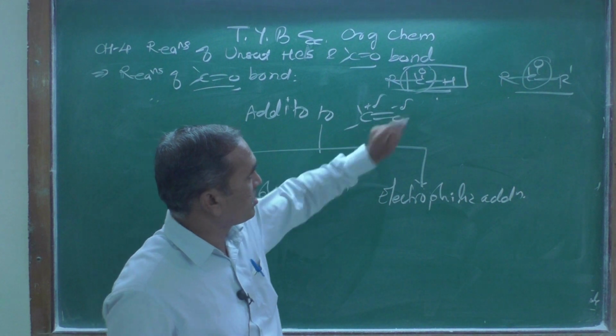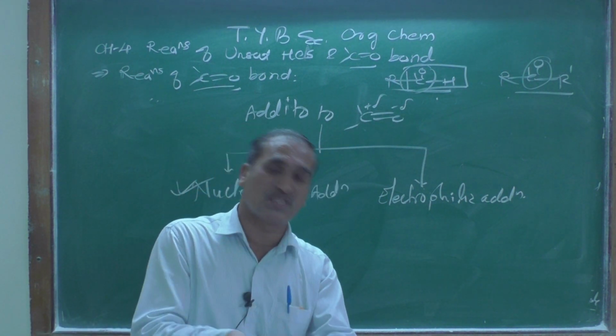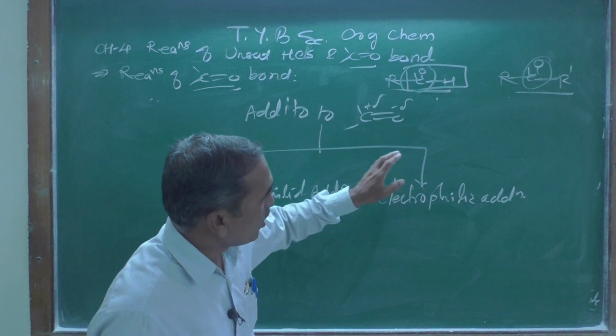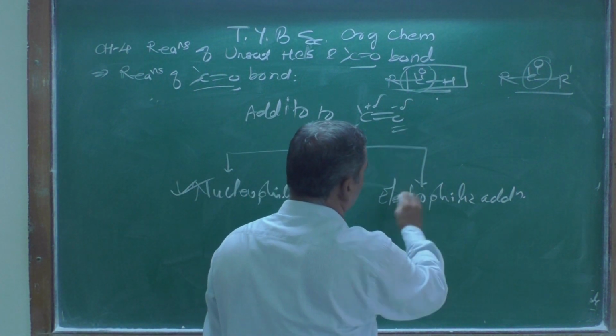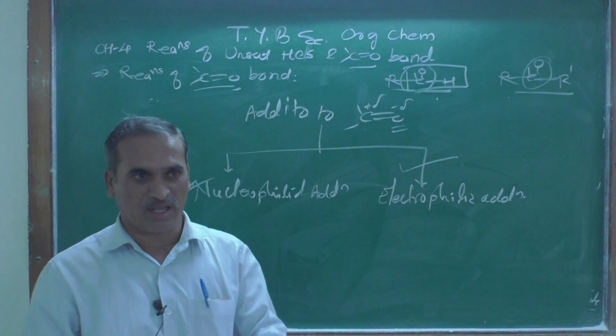And suppose there is a negative charge on the oxygen atom, which is more electronegative than carbon, and therefore when the reagent attacks the oxygen atom first, that type of reaction is called electrophilic addition reaction.